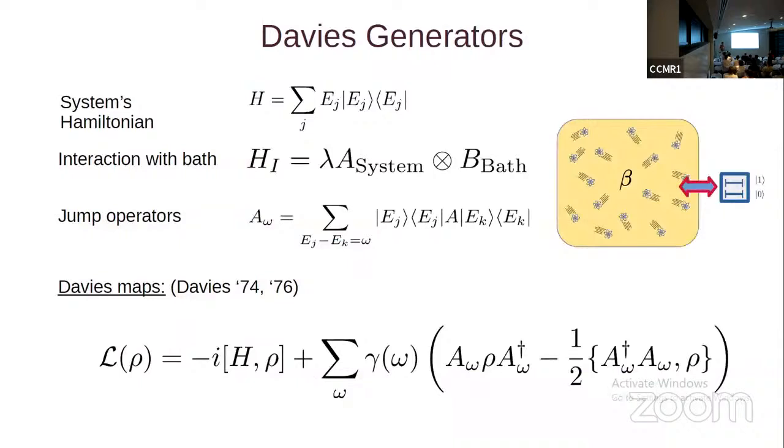There is a standard way of getting something which is, in some sense, an analog of a Monte Carlo algorithm for quantum systems, which tries to mimic how we model thermalization: Davies generators. You assume you're given your Hamiltonian, and then you write down some interaction between a bath and your system with some jump operators.